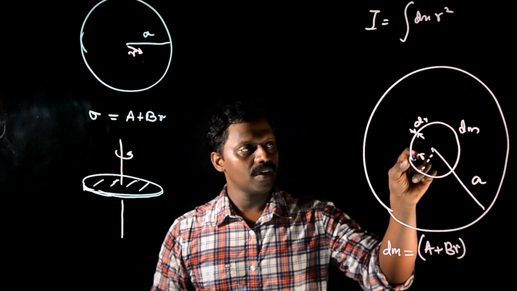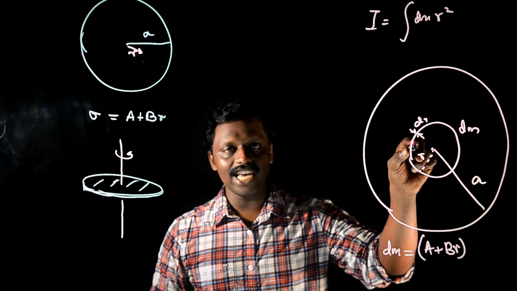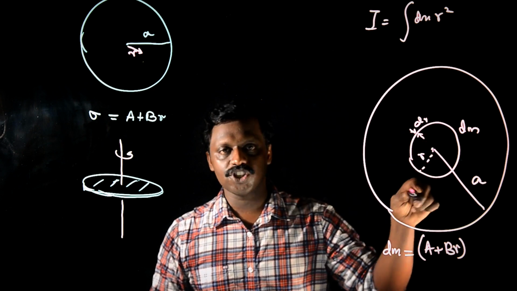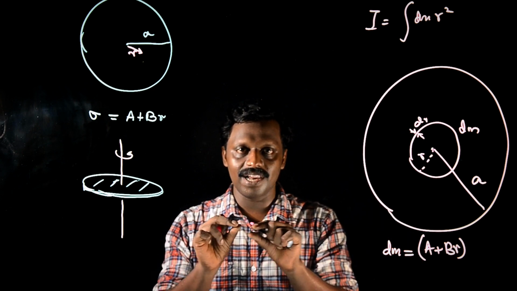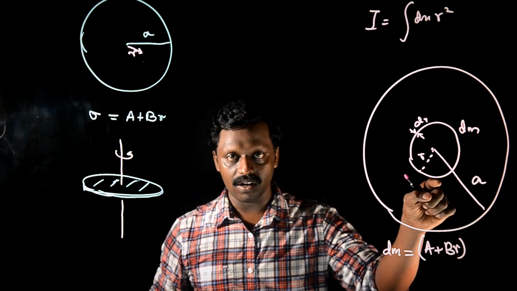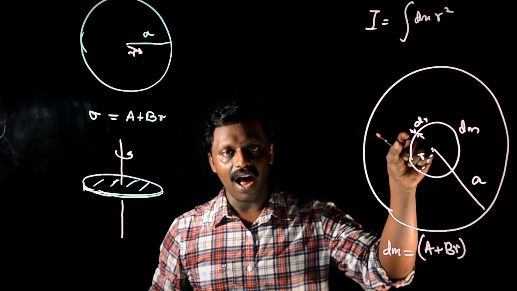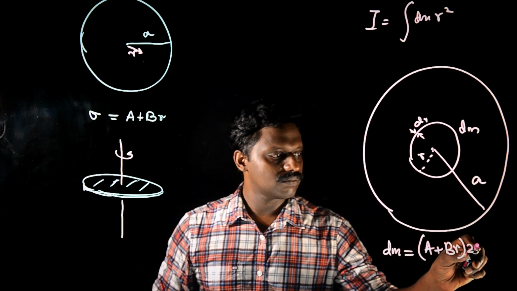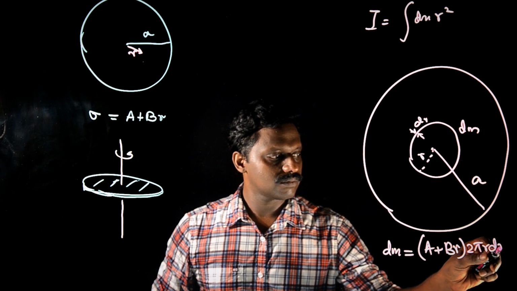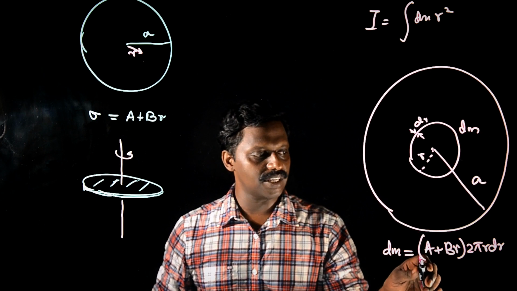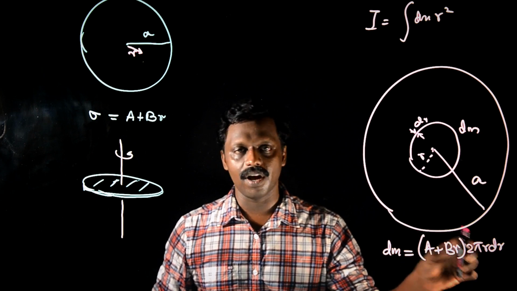The area of the strip is equal to 2 pi r dr. This is because this circular strip, when stretched, will be like a rectangular strip of length 2 pi r, that is the circumference of the strip, and it will be having a width dr. So the mass of this strip is A plus BR times 2 pi r dr.